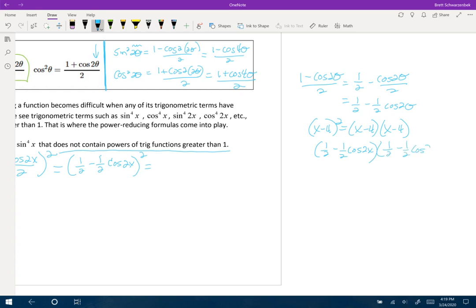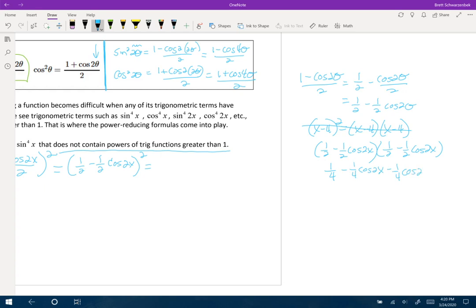All right, so we'll FOIL this. First term looks like it's going to be a 4th. The inside and last terms are the same, so you're multiplying 1/2 times negative 1/2 cosine 2x, getting negative 1/4 cosine 2x, and again negative 1/4 cosine 2x.